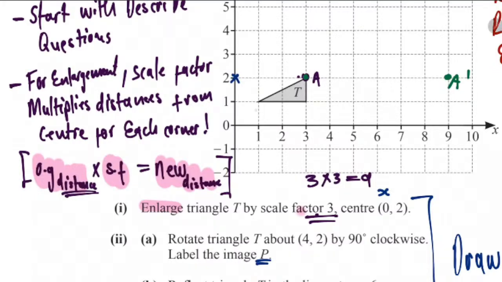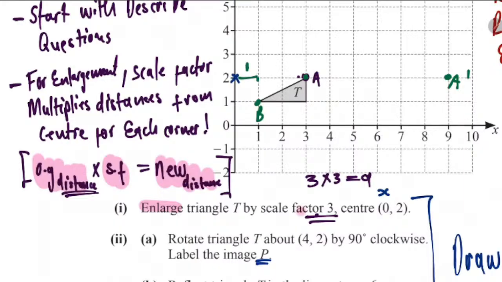So we want the next one here. We'll call it B. We want to know where the new B is because we do it point by point. So we are now at point B. What do you know? Move from the center to point B. How many steps in the x? 1, and it's to the right, so it's 1.